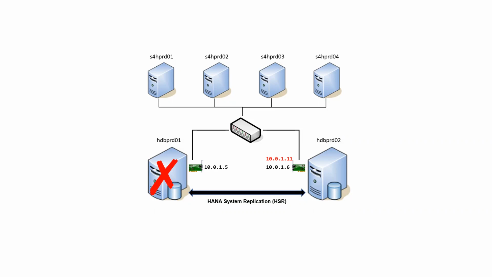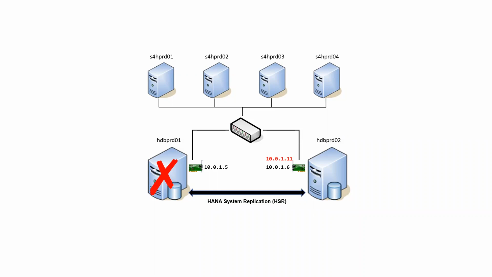Now, this looks very simple. Now the question comes: who will move the virtual IP from the failed node to the secondary node, and who will start the service on the secondary node? In this scenario, the cluster comes into the picture, the cluster program or the cluster software.